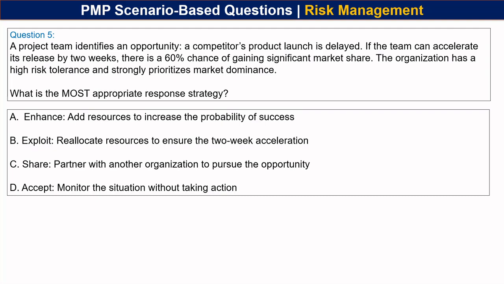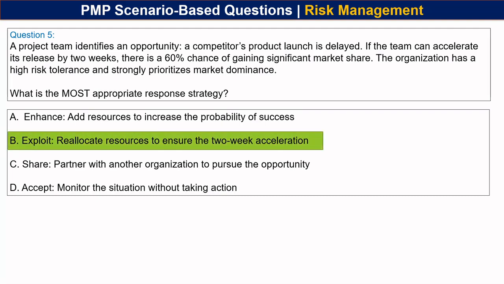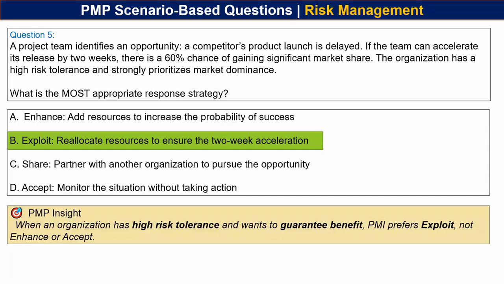Pause the video and guess the best option. And the best option here is option B, exploit. And here's a quick PMP insight. When an organization has high risk tolerance and wants to guarantee benefit, PMI prefers exploit, not enhance or accept.